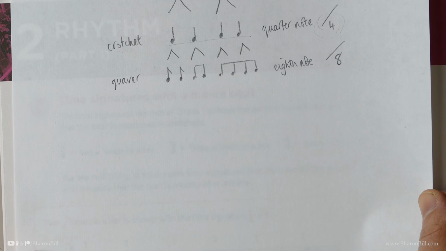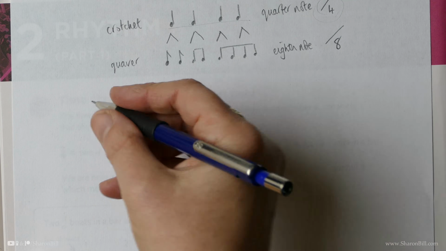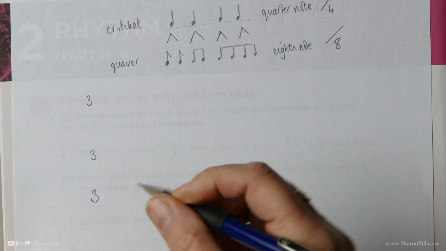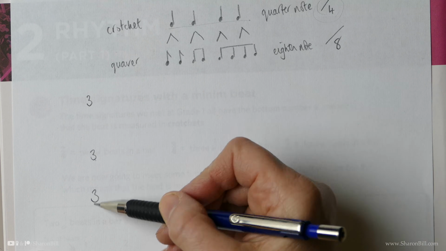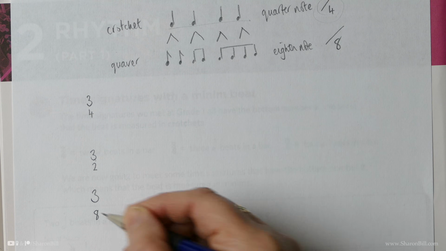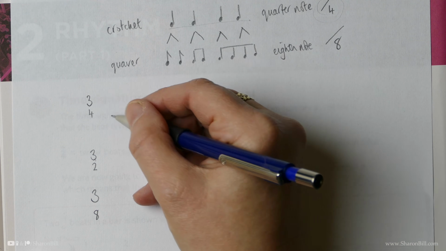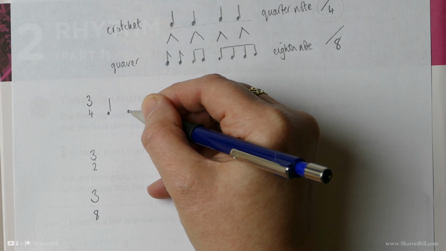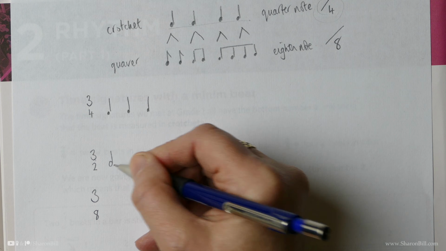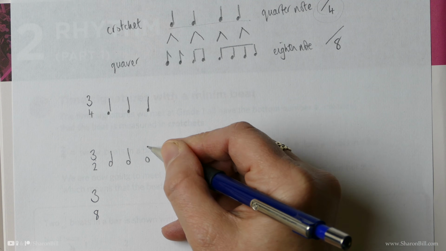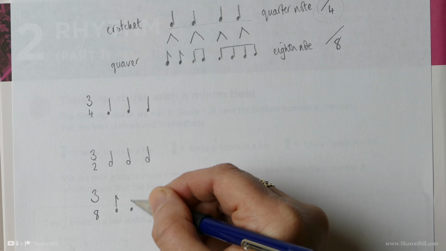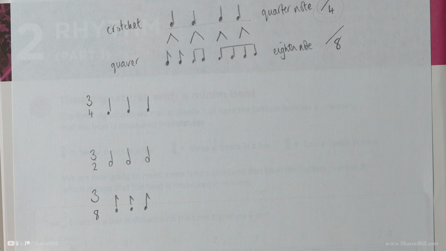So let's say, for example, we've got 3 beats in a bar. We'll do 3 different examples. Each time signature is going to have 3 beats in a bar. We'll have 3 over 4, 3 over 2, 3 over 8. So 3 over 4 is 3 crotchet beats per bar, 3 over 2 is 3 minim beats per bar, and 3 over 8 will be 3 quaver beats per bar.